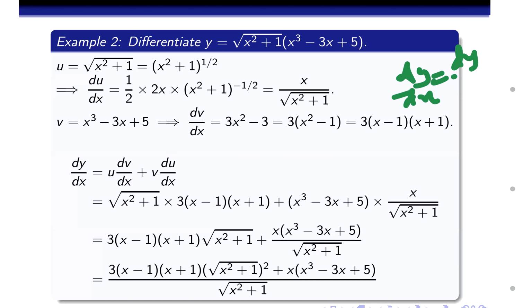So you can just go straight, bring down the power, differentiate inside, keep the original thing, but reduce the power by 1, and then you're good to go.